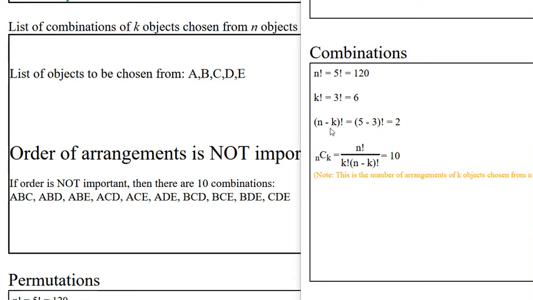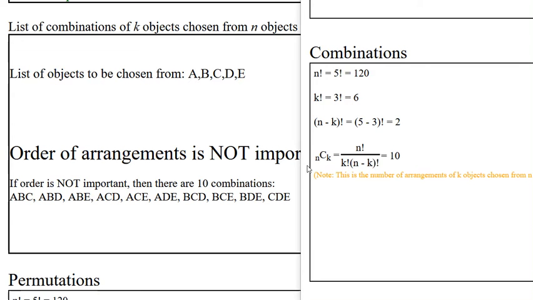And then n minus k factorial: 5 minus 3 is 2, and then 2 factorial is 2. And the formula to calculate the number of combinations is n factorial divided by k factorial divided by n minus k factorial. So in this case it'd be 120 divided by 6 and then divided by 2, and we get 10. And so that's how we come up with the 10 combinations.